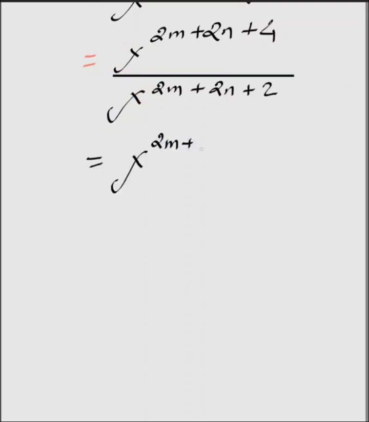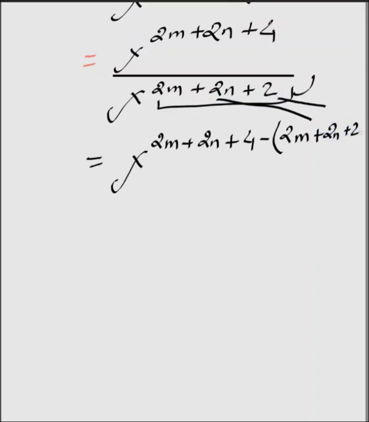2m plus 2n plus 4 minus bracket start. This all three goes up, right? So minus 2m, this comes here, plus 2n, this comes here, plus 2.